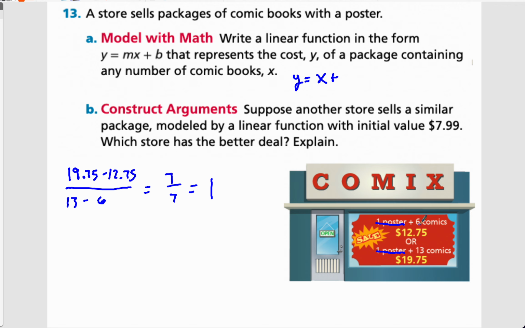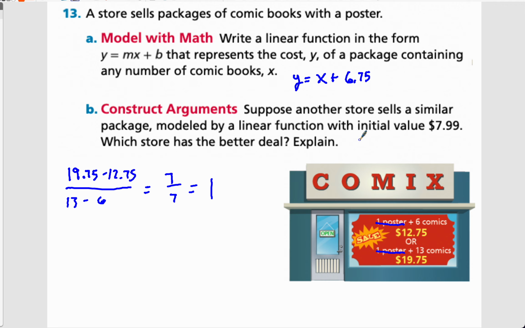Well, if each comic is $1, and we've got 6 comics here, that would be $6. So if we do 12.75 minus 6, that is 6.75. So our y-intercept is going to be 6.75 because that's the cost of each poster. All right.